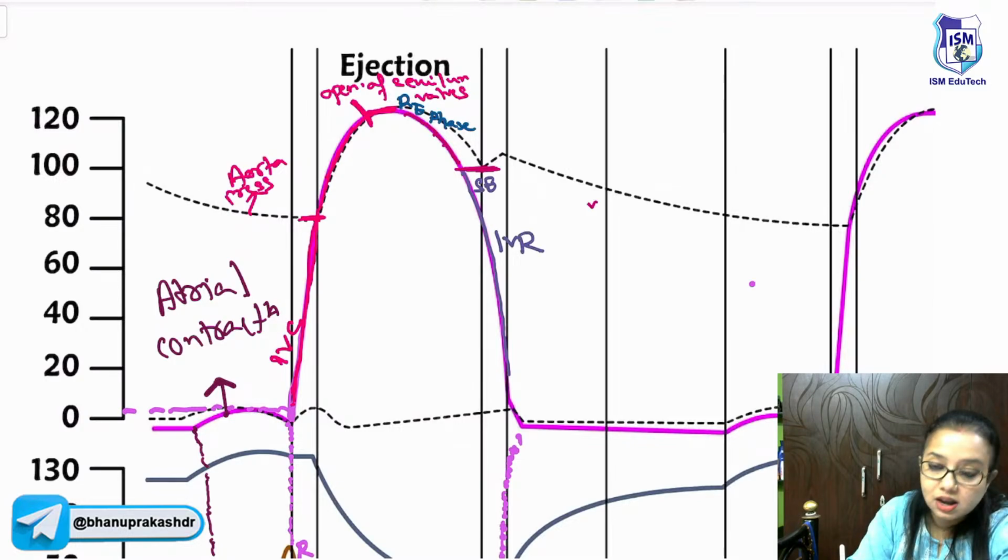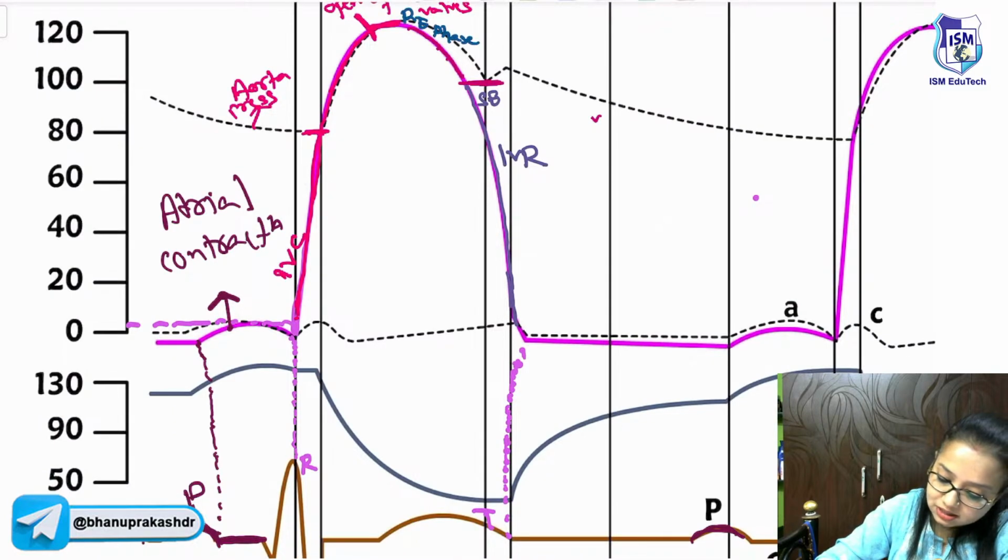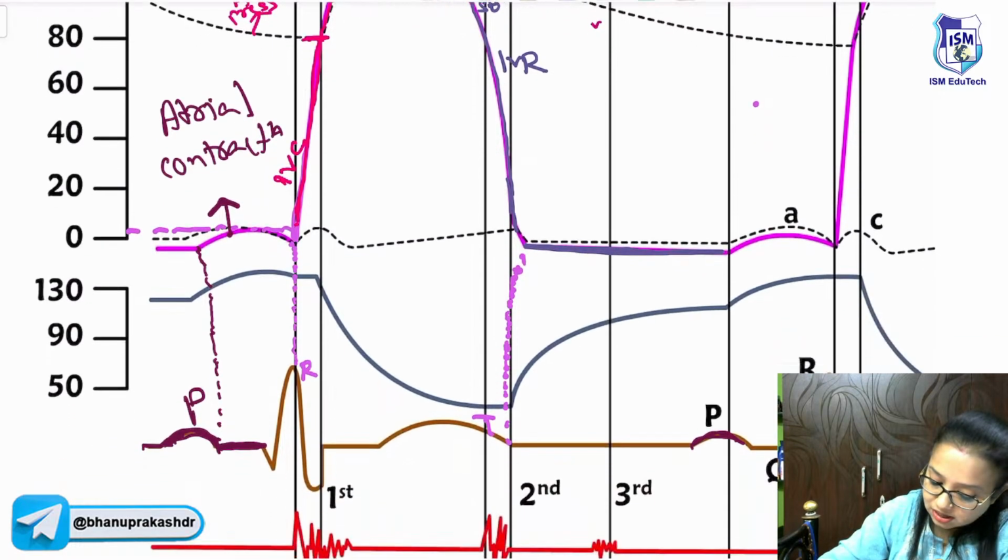Once the pressure in the ventricle drops to minimal, the proper diastolic phase happens, which is designated as this isoelectric line.